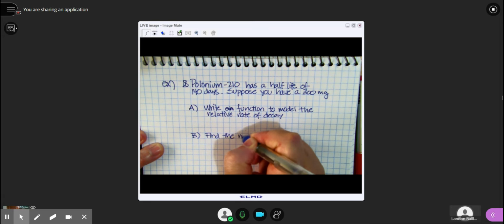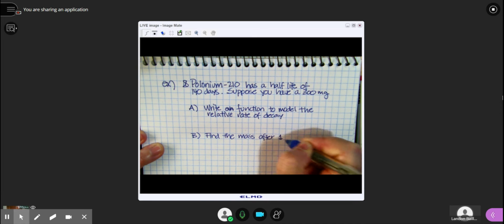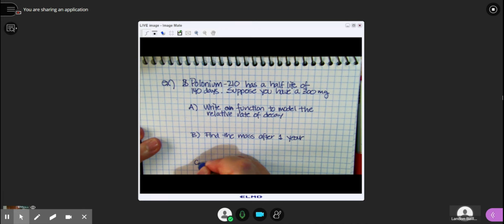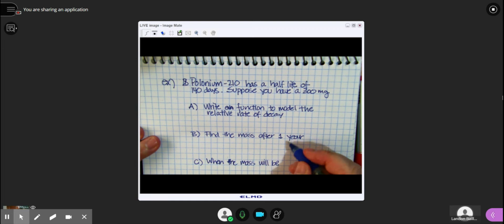Find the mass after 1 year. And determine when the mass will be 200 milligrams.